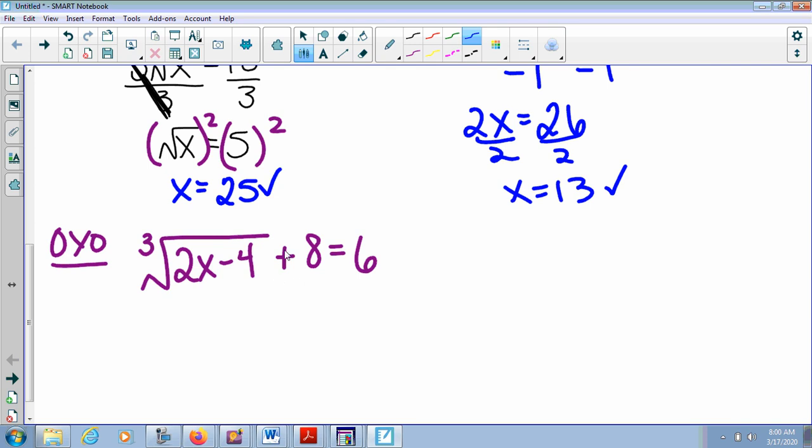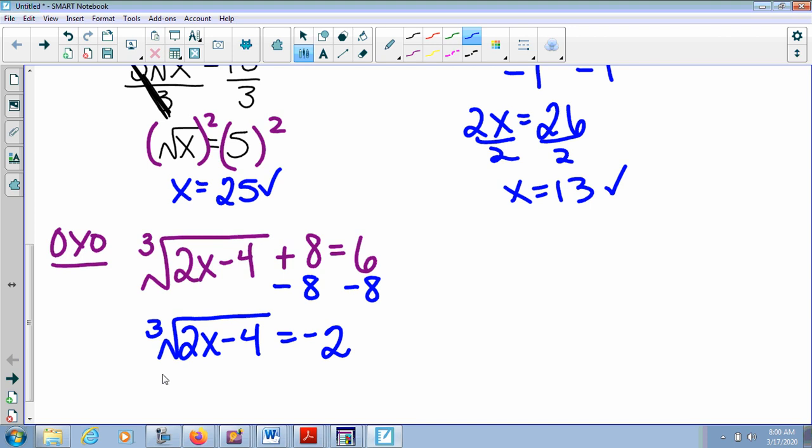So we're going to get rid of this 8 first because it's not part of the root. So we'll subtract 8 from both sides and get the cubed root of 2x minus 4 is equal to negative 2. And then just like we did before, to get rid of a cubed root, we will cube both sides.